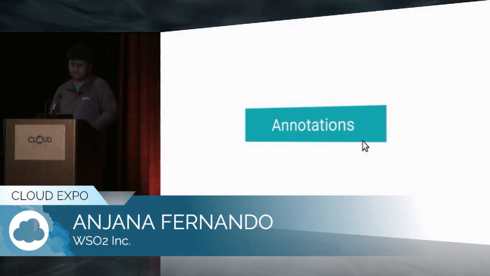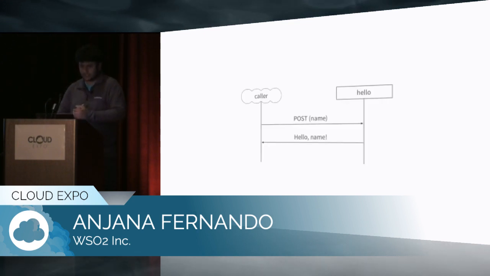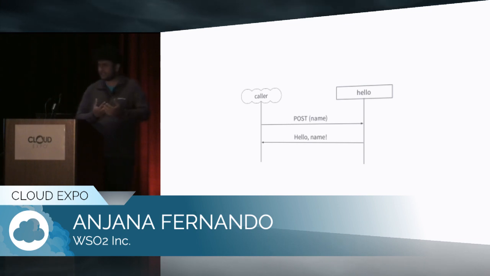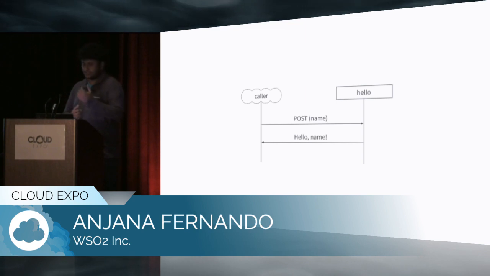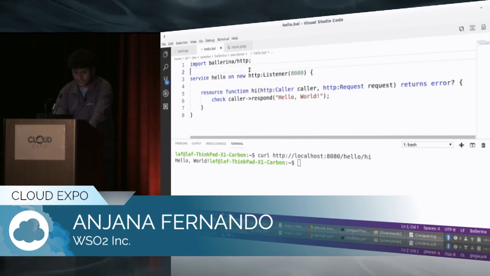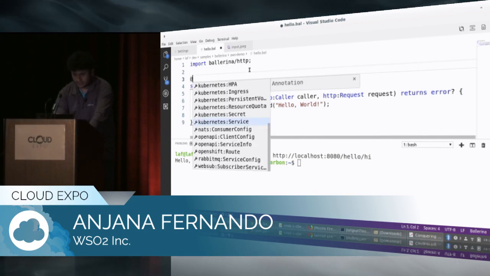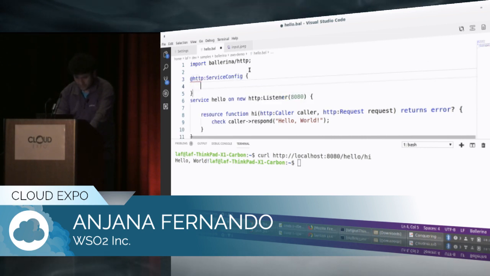The next part is that these services and their behavior can be customized using annotations. For example, in that service, I basically get all types of requests, HTTP GET, POST, anything coming inside. If I want to limit the type of request coming in, I can mention that, and also probably customize the context I have. That is done with the service-level annotations.